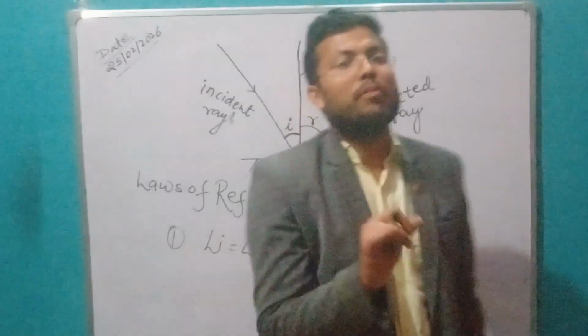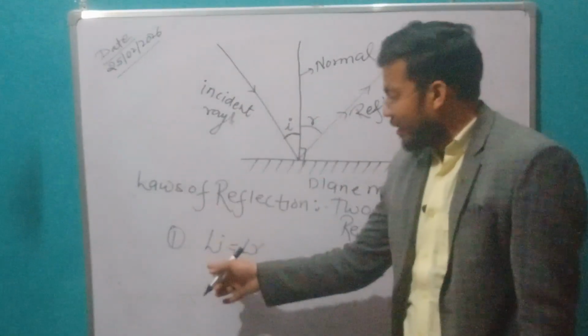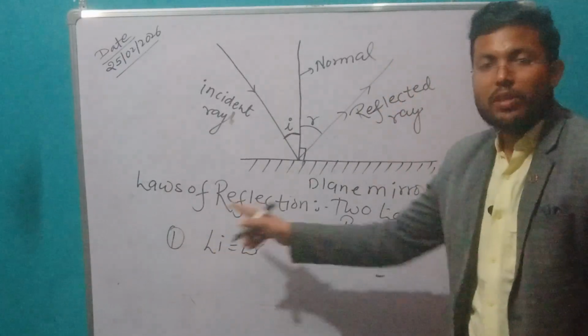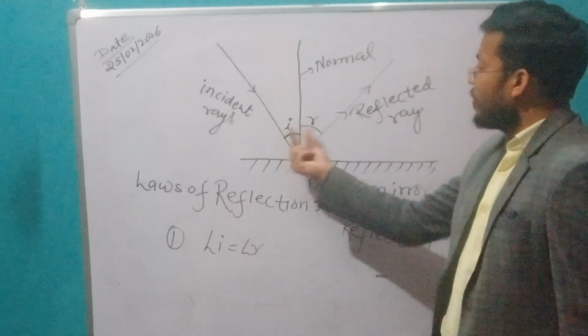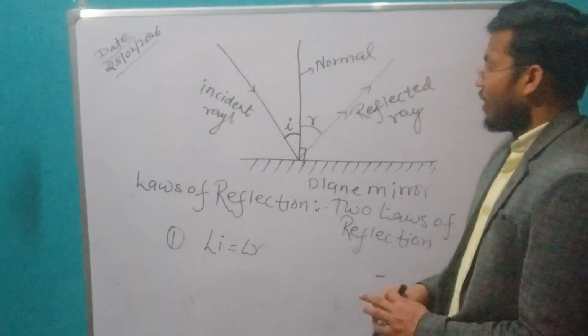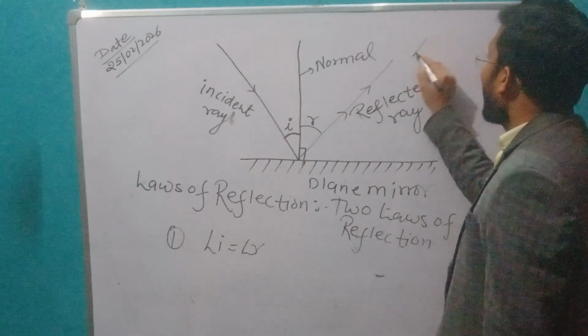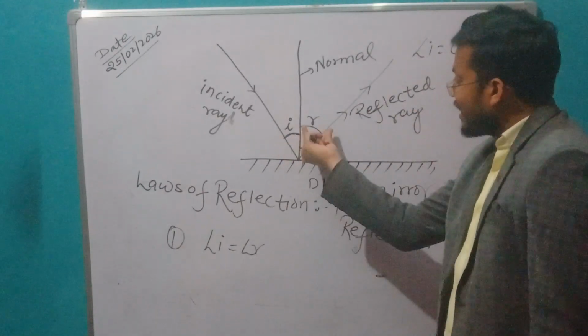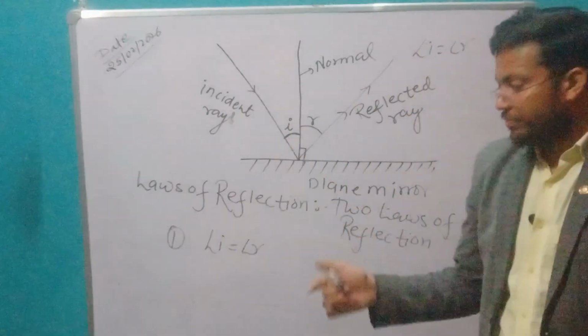Both angles are the same in value. Angle I equals angle R. So this angle and this angle are equal.